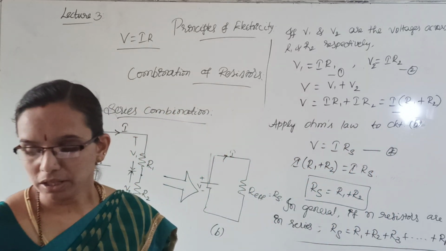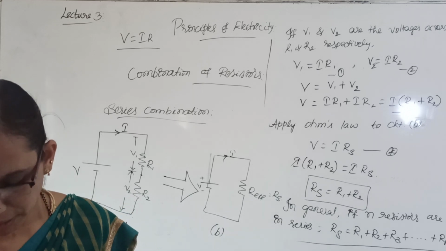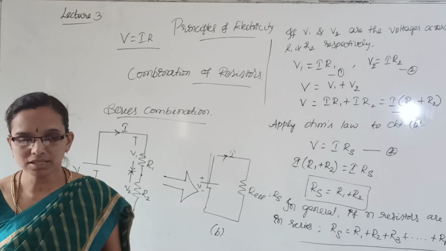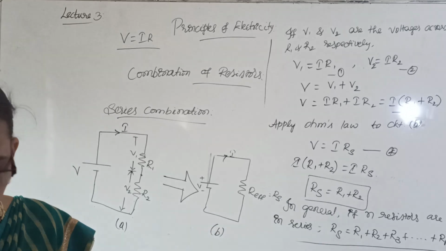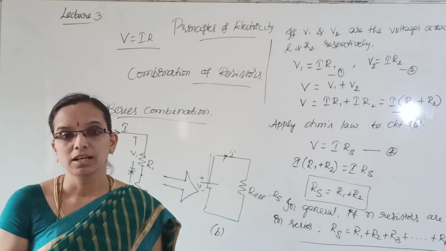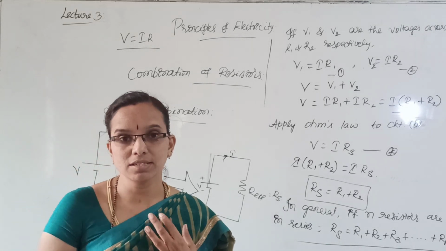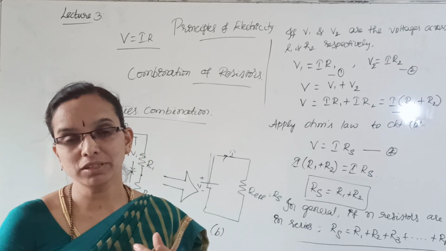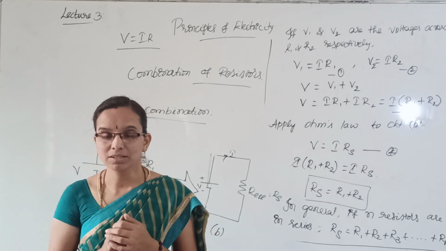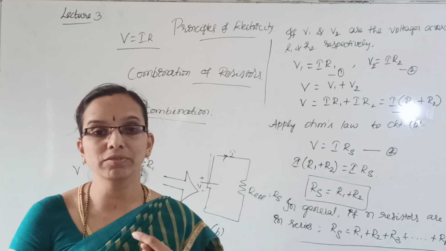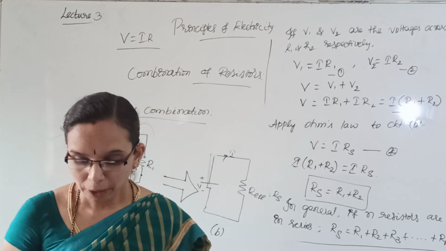Okay. So if n resistors are connected in series, the effective value of the resistance is equal to the sum of the given resistances.